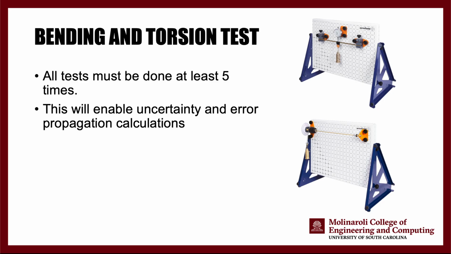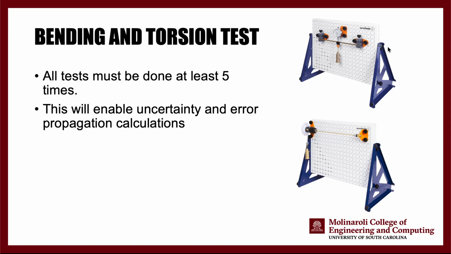By 5 times, I mean we need at least 5 data points for the modulus of elasticity measurements. But you're already covering these because we have 3 beams, 5 loads applied to each beam, and 2 different scenarios.